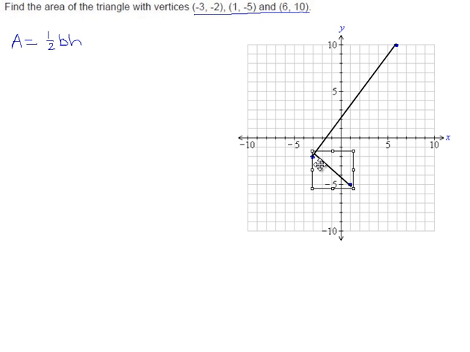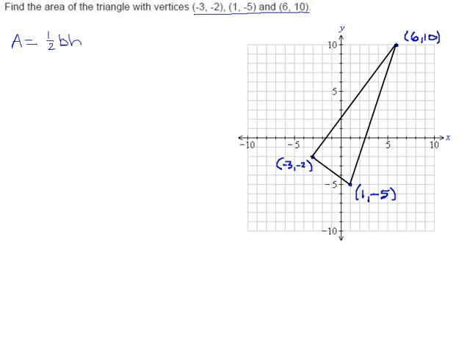Let me try that again. Side like that, side like that. Okay, and we'll get the coordinates in on there because we're certainly going to need them. 1, -5, -3, -2, and 6, 10. Okay.